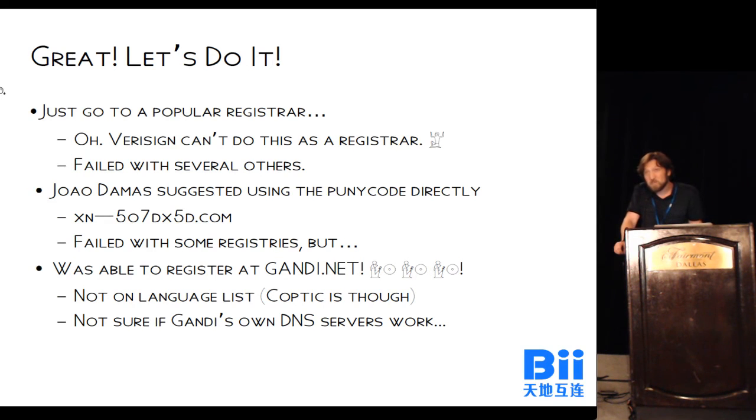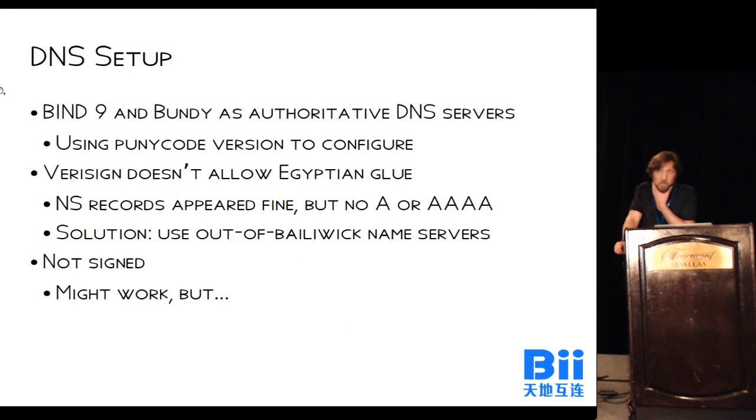When you get a domain from Gandi, they offer you the ability to host the domain on their own servers. That didn't seem to work, so I said, that's all right. It didn't really bother me. I'm a DNS guy, so I run my own stuff. So I set up the DNS. I used BIND 9 and Bundy, which is the open source version of the failed BIND 10 project. And you just use the Unicode version, as was suggested, to configure it.